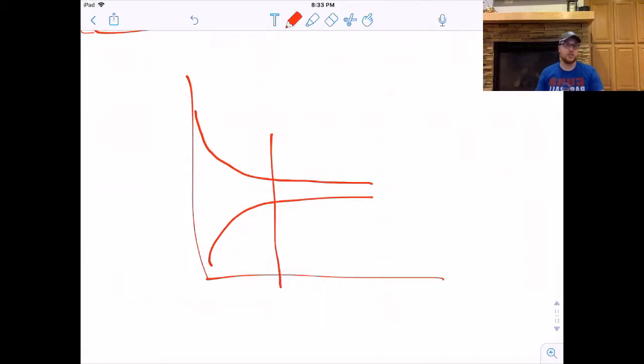They didn't equal each other. The water in graduated cylinder A wasn't the same amount as the water in graduated cylinder B, but the amounts did not change. They got constant. So the concentrations will remain constant at equilibrium, and the rates will be equal at equilibrium. So just keep that in mind.